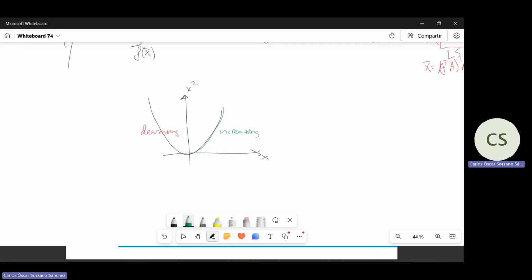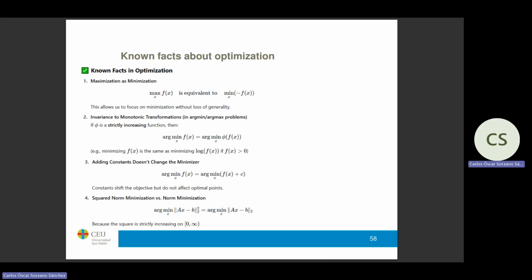Only on this part is it increasing; the other part is decreasing. But if my x is here, then it is a monotonic increasing function, and I can apply it. So completing the square versus maximizing the square: no, we don't care, but only in this range.